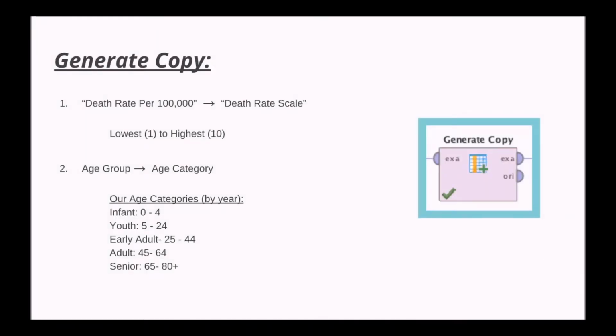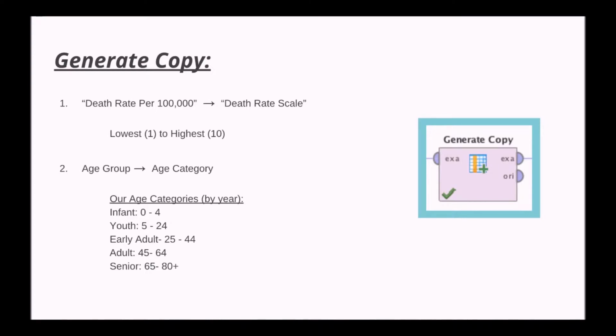So one of the design choices we made was we wanted to make sure that for any data we manipulated, we had the original version of it, and so we did this through the generate copy operators. There are two of them, one for the death rate per 100,000 and one for age group. Eventually we wanted to make a scale of death rates, ranging from the lowest being 1 and 10 being the highest death rate countries.